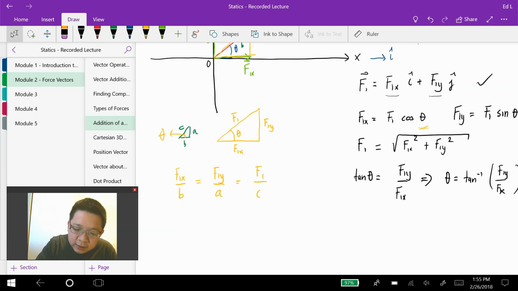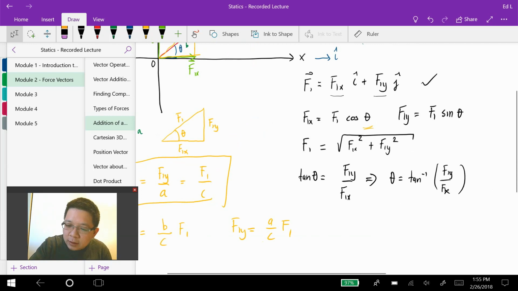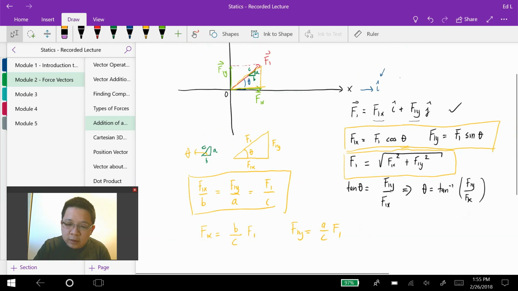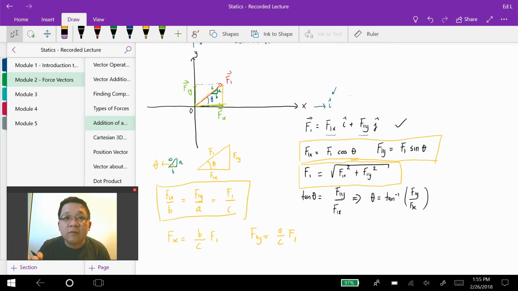In other words, I can calculate F1x by taking b over c times F1, and F1y is a over c times F1. I guess these are some of the formulas that will be helpful when we perform the calculations. However, it is very important to understand how we come up with these formulas rather than memorizing the formulas themselves.